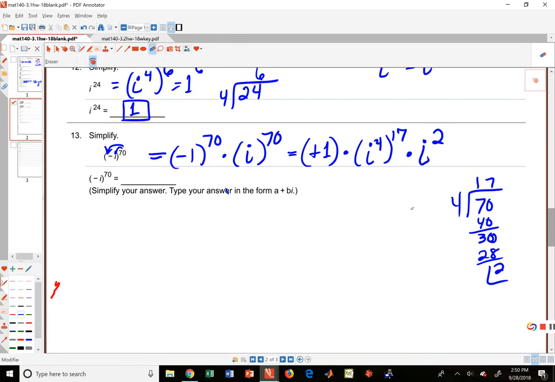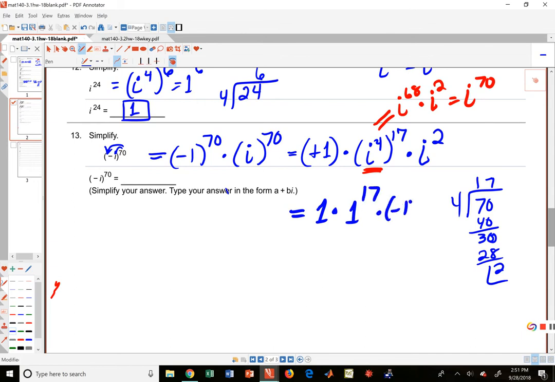Okay, now look at this carefully. i to the 4th to the 17th. What I'm doing here is 4 times 17 is 68. This is i to the 68th. i squared. I mean, that adds up to i to the 70th. So I'm breaking it down into things I know. I know that is a 1. So it's going to tell us right away that we have 1 times 1 to the 17th power times minus 1. And so overall, negative 1.